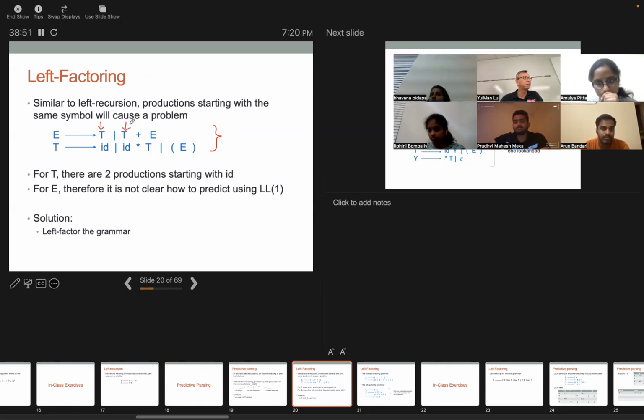They both are T. All right, let's look at one. It's not enough. One look ahead is not enough because they are the same. Okay, same for here, ID and ID, they are the same. I don't know which one to choose. Okay, so what's the solution?